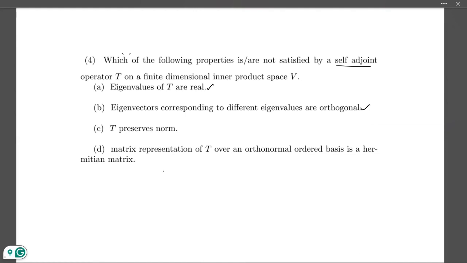Because T is self-adjoint, and it's a self-adjoint operator with an orthonormal ordered basis, T preserves the norm. Is that correct? For a self-adjoint operator, we have T star is equal to T, right?